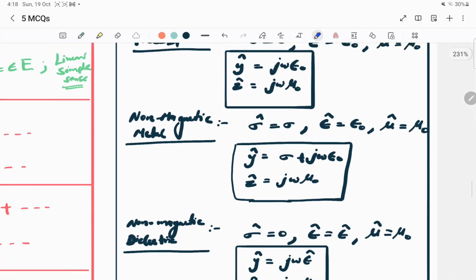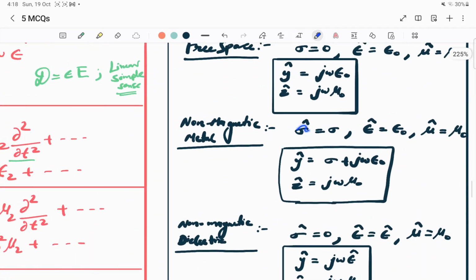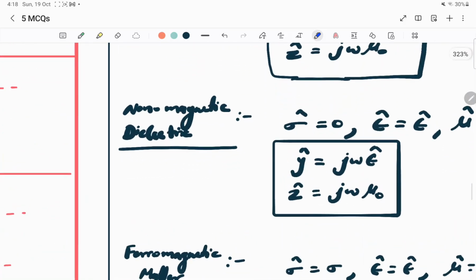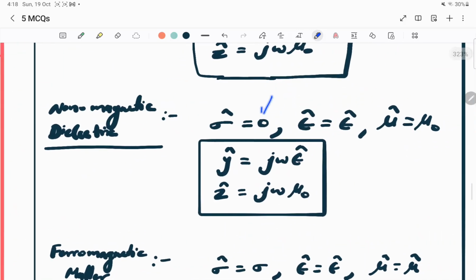For non-magnetic metal, which is asked in this question, sigma cap becomes sigma, epsilon cap becomes epsilon naught, and mu cap becomes mu naught. For non-magnetic dielectric, sigma cap is 0, epsilon cap remains epsilon cap, and mu cap is mu naught. So the admittivity and impedivity of the medium are these two equations.